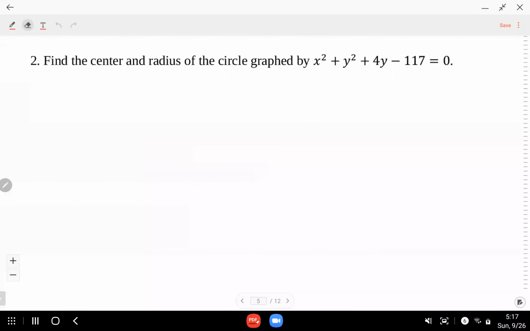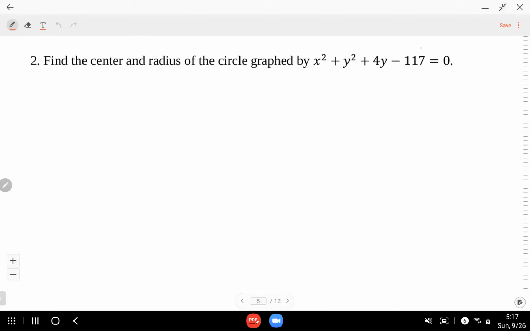Okay, so what we need to do here is complete the square. You need to move the -117 to the other side first.